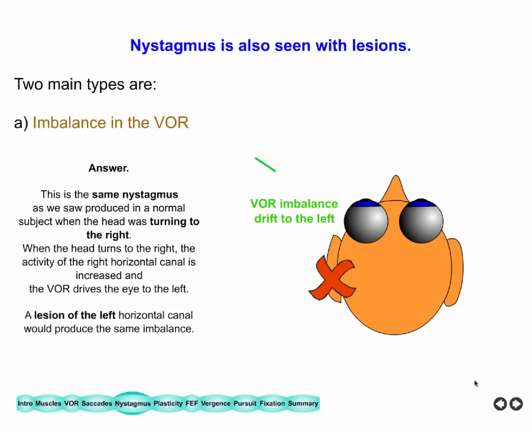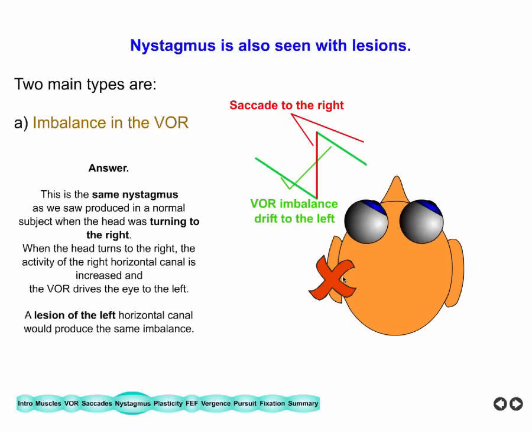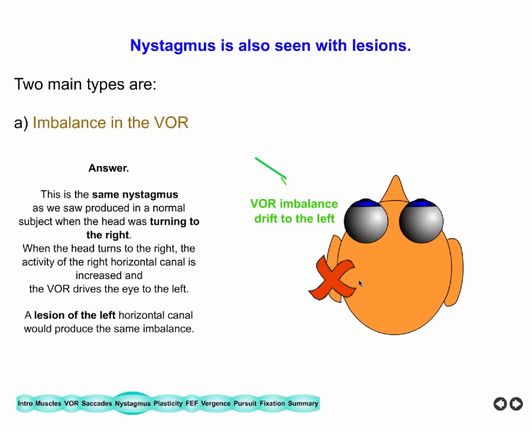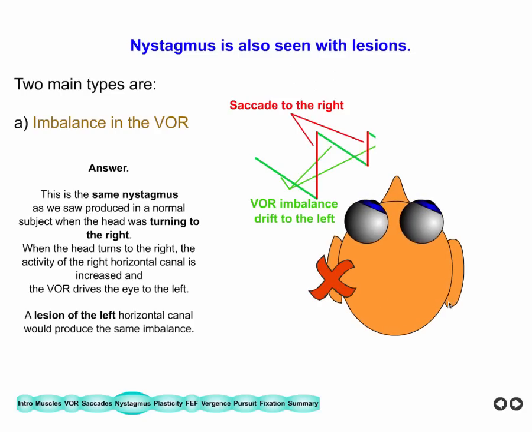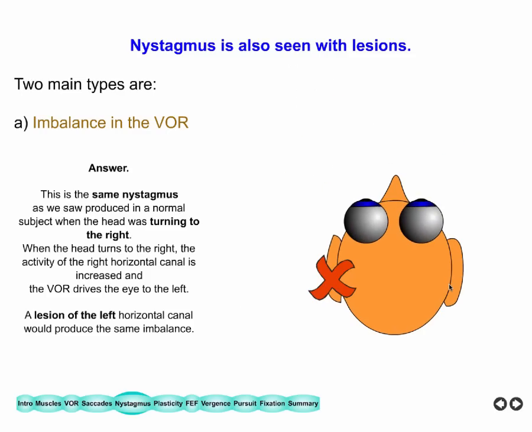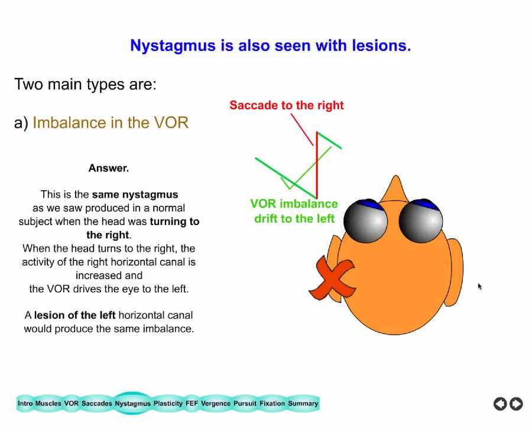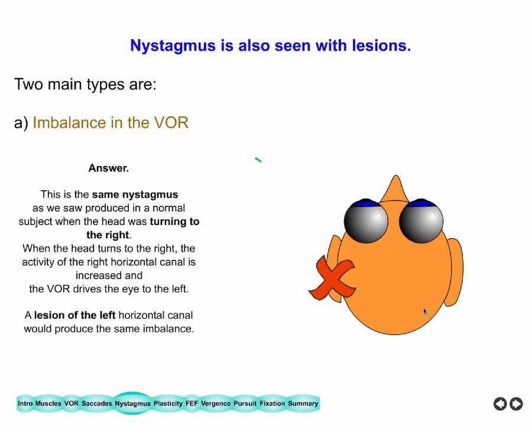Well, if the signal is less on this side, then it's more on this side. So if there's a little less signal coming from this canal, then now there's more coming from this canal. Well, what happens when you turn to the right? There's more signal coming from the right canal than there is from the left canal. So that's exactly what's happening here.